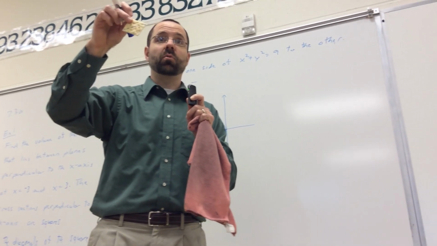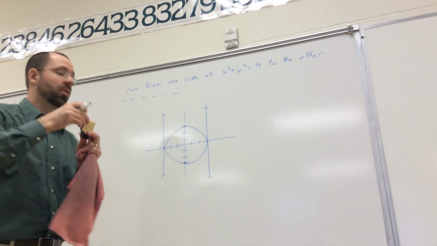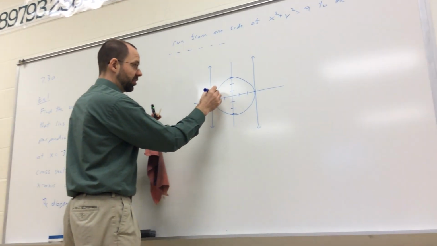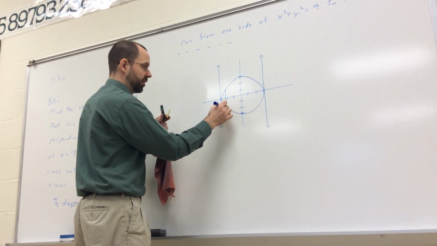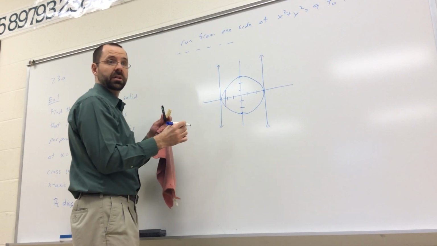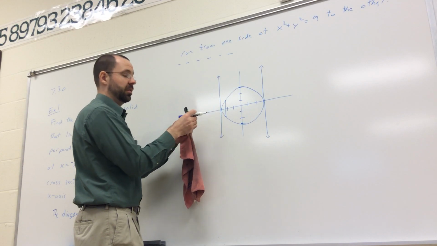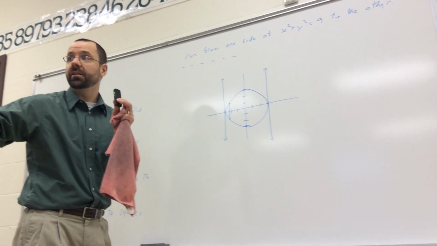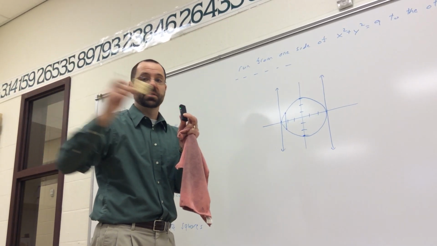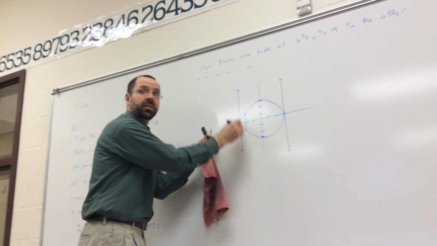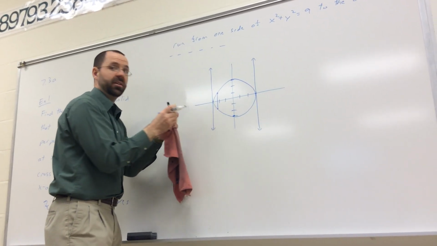So the diagonals of the squares run from one side of the circle to the other. So I just drew the diagonal of the square. So that line is the same as this line. The diagonal of the square is there, here.